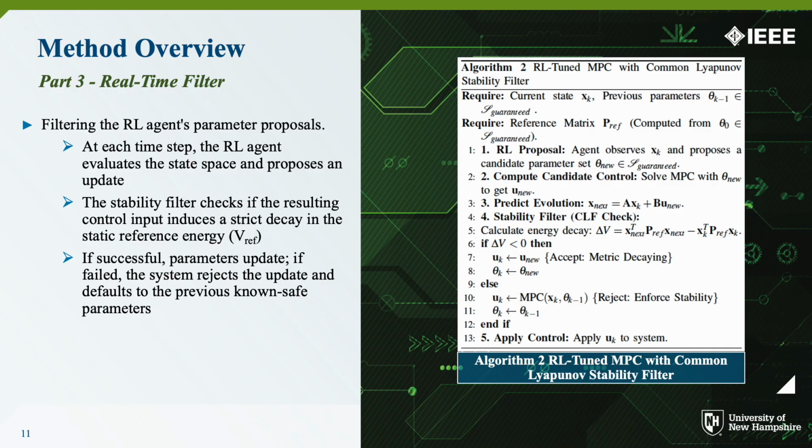If the metric decays, the parameters update. If it fails the check, the filter rejects the RL agent's proposal and securely defaults to the previously known safe parameters. This permits arbitrary switching speeds while strictly guaranteeing stability.